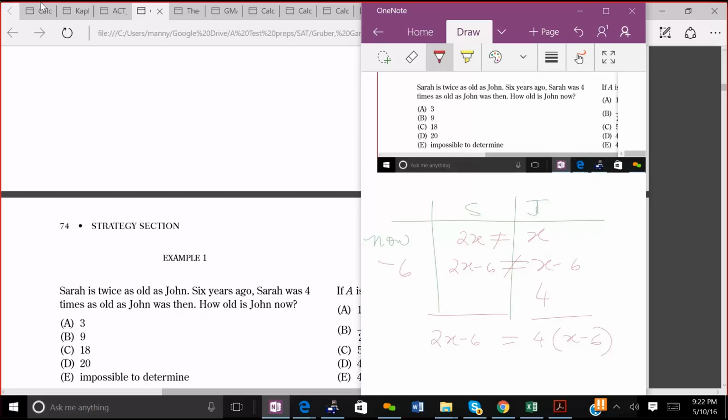Negative 6 equals 2x minus 24, plus 24, plus 24. 18 equals 2x, divided by 2. 9. X equals 9? Yes. Good.